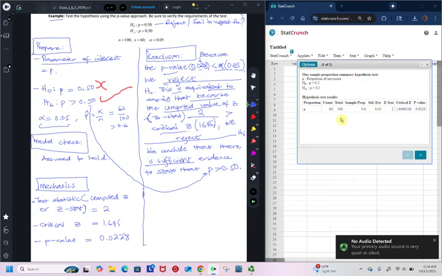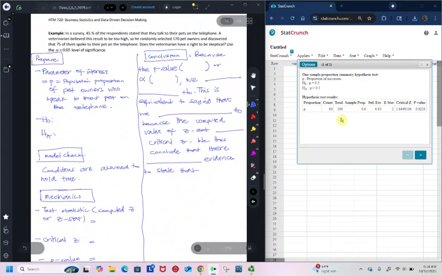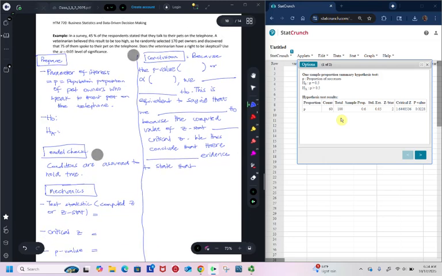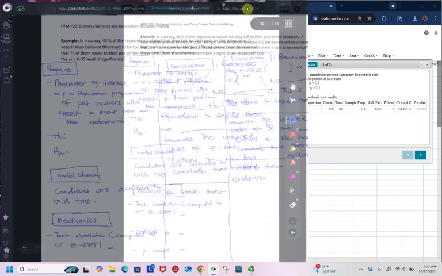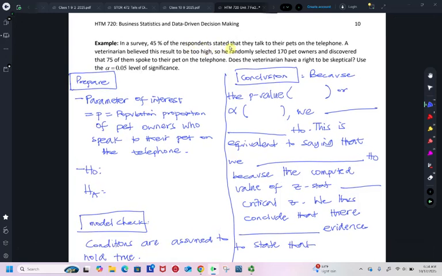With that said, let's look at yet again another example. In this example, it says that in a survey, 45% of respondents stated that they talk to their pets on the telephone. A veterinarian believed this result to be too high.